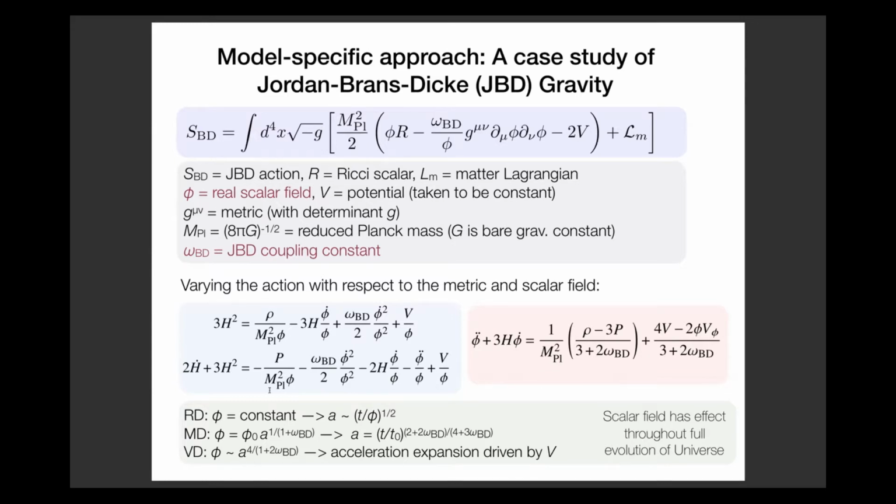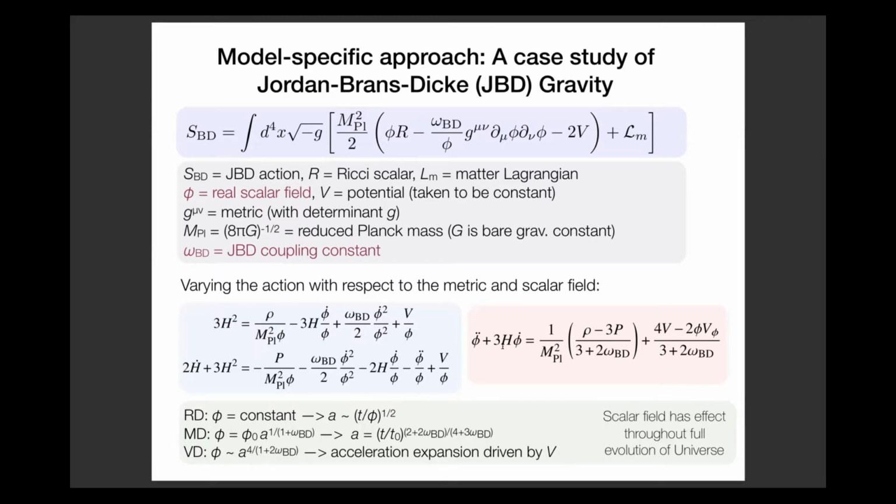The former gives us the Friedmann equations, and the latter gives us the equation of motion of our scalar field. We can see that for a slowly evolving scalar field, where phi dot is close to 0, the expansion history behaves similar to standard GR, but with this extra 1/phi term.